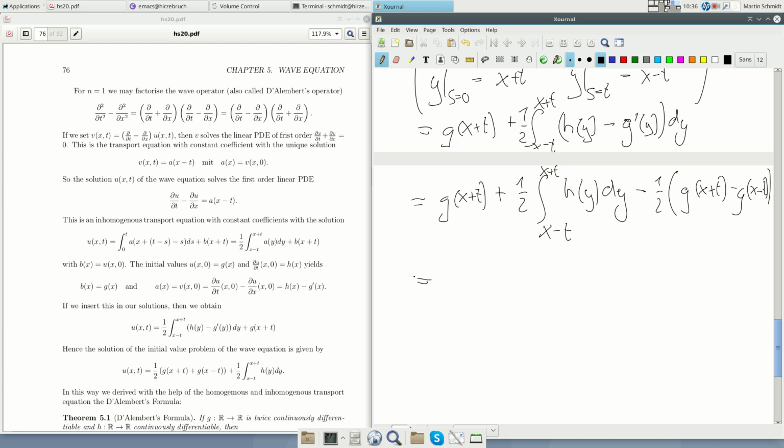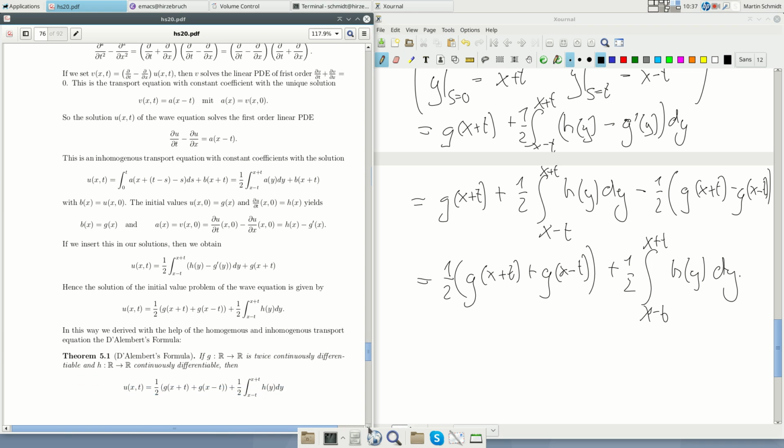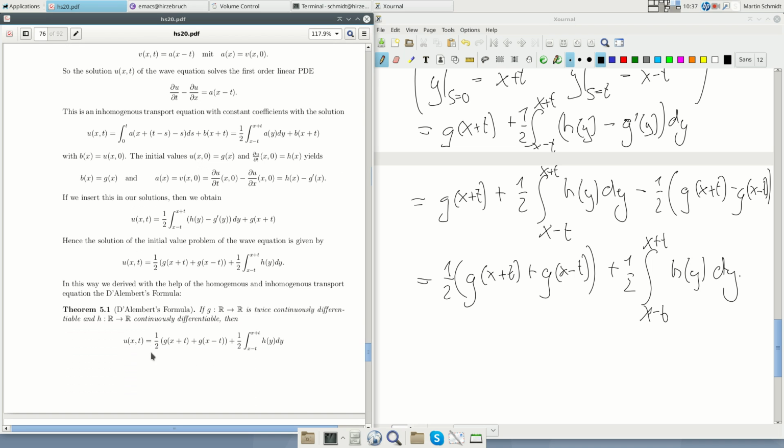If we now combine these terms, we see this cancels, so we get 1/2 of g of x plus t plus g of x minus t, plus 1/2 integral from x minus t to x plus t of h of y dy. Very nice formula. This is now called D'Alembert's formula.